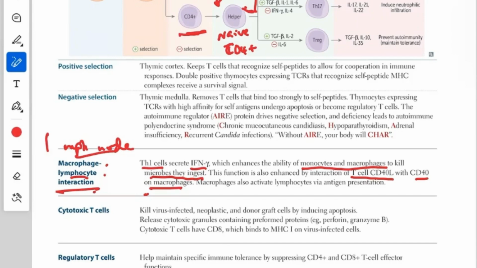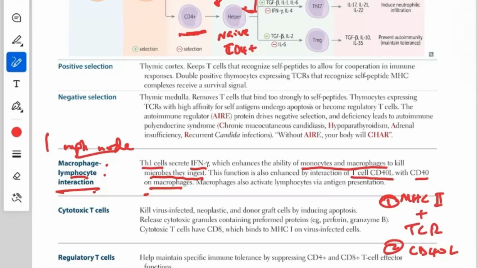So besides the MHC2 and the T cell receptor, so you have the MHC2 on the APC binding to the T cell receptor, that's one interaction. Now we're seeing another interaction between both the macrophage and the T cell. That's CD40 ligand. When you hear CD40, it's just a molecule. It's a molecule on the surface of the T cell.